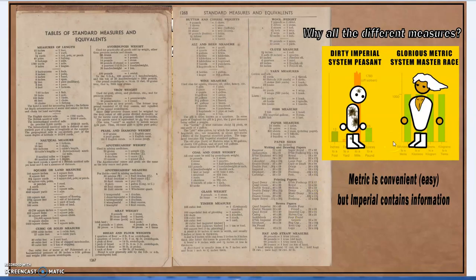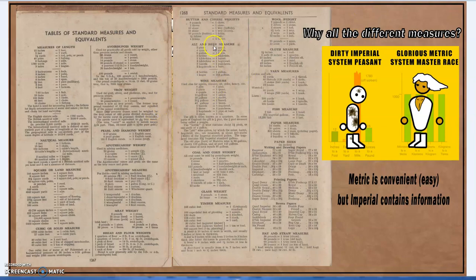When you look at your typical imperial versus metric system, there's a hatred of the imperial system, and the claim that metric is a superior system. Well, metric is convenient, it is easy, but imperial measures contain information, and so it can be confusing.